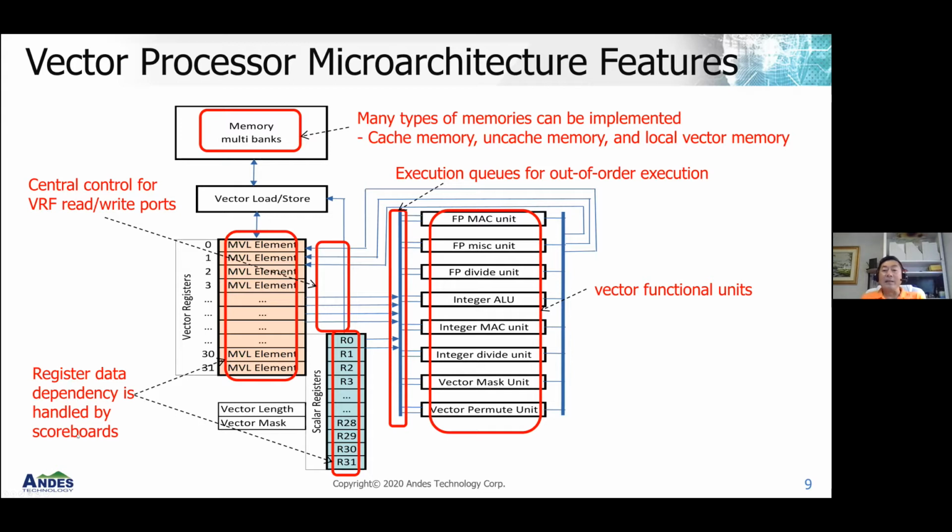It is somewhat difficult to decouple the vector processor from the CPU because the vector instructions have many references to the integer register file, like read and write to the scalar for the vector operation. And the scalar register file is also used for the address for the vector load store.